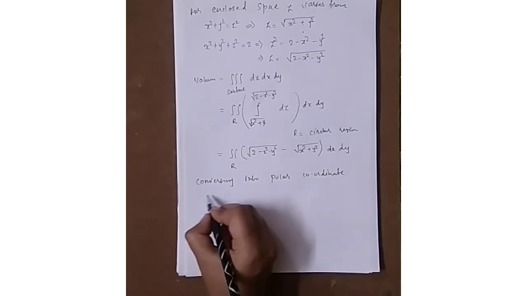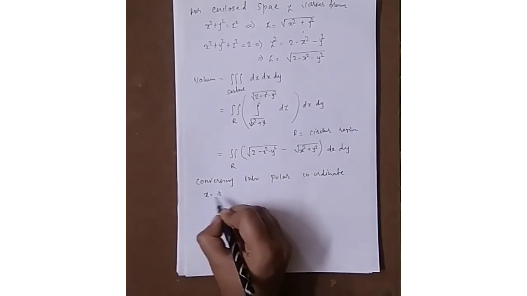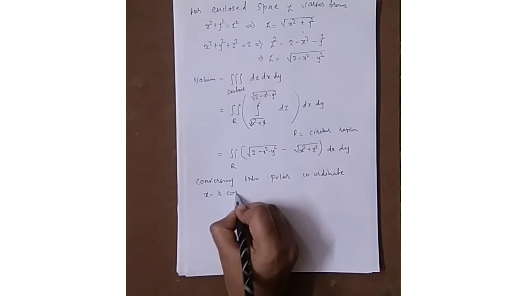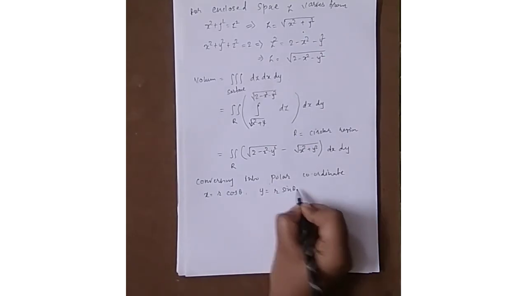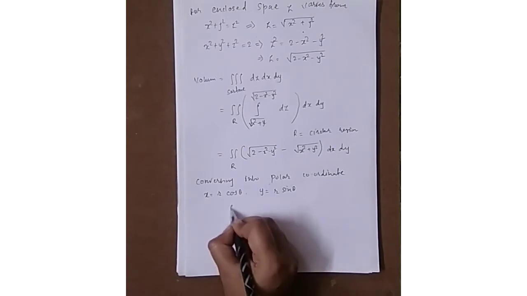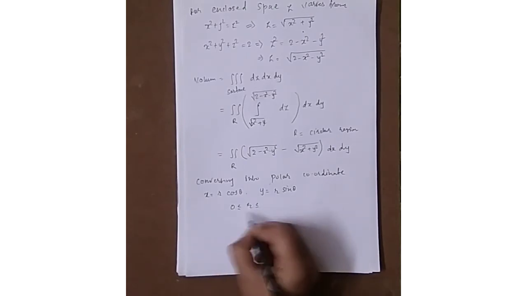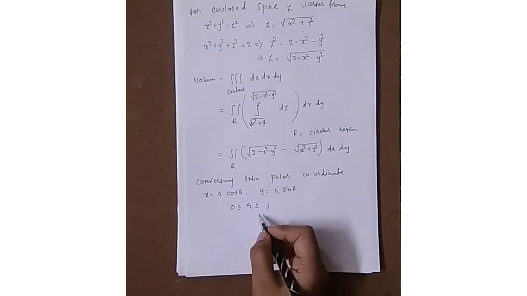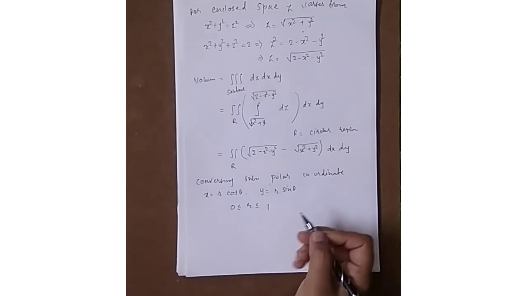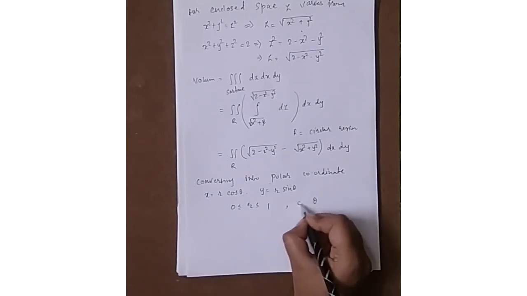So we know that the relation for polar coordinates is x is equal to r cos theta and y is equal to r sin theta. In this, my r is between 0 to 1 because we have been given that the radius is 1, and my theta is between 0 to 2 pi.